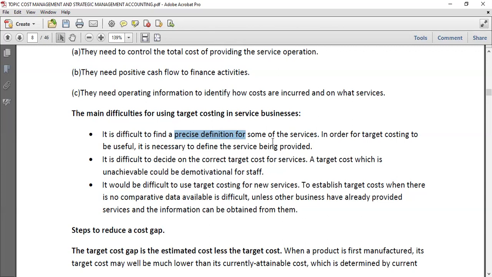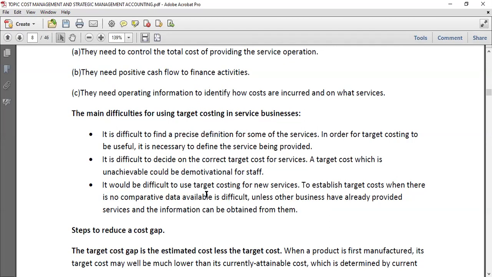It's not like mixing sugar, wheat flour, and Blue Band together, and then you can determine the cost. This one is a service. You don't know how long labor will take to offer the service. Basically, the service is determined by external factors that you cannot predetermine easily.